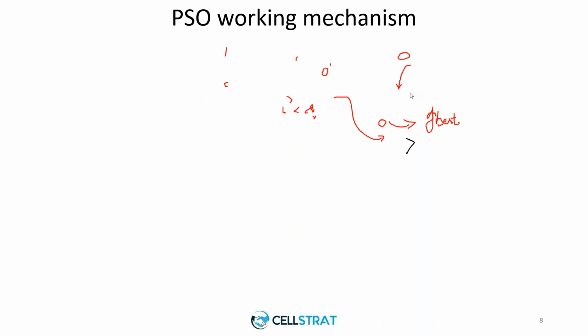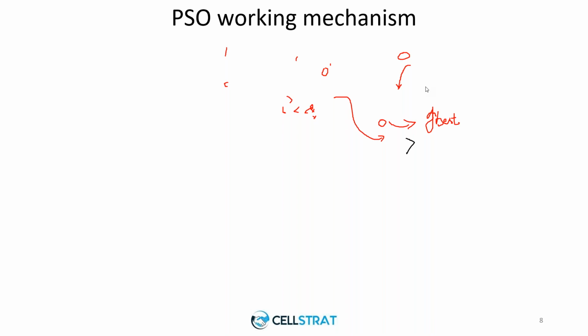In 3D space, when the birds are flying in the air, it's a three-dimensional space. And the global best is basically we are saying that out of, let's say, 1,000 birds, one bird seems to contain the point of global best, and the others try to move towards it and adjust their position.